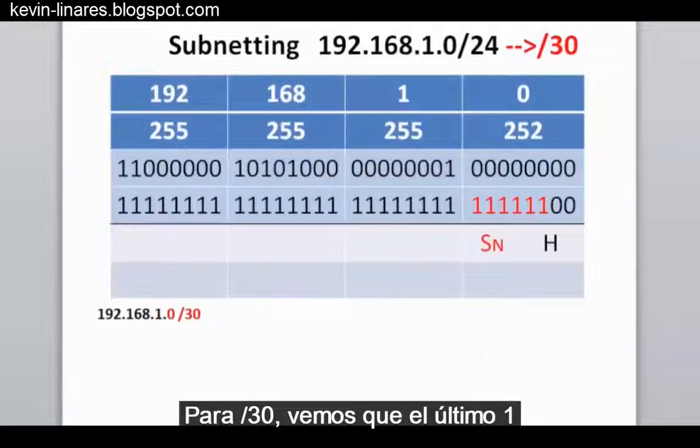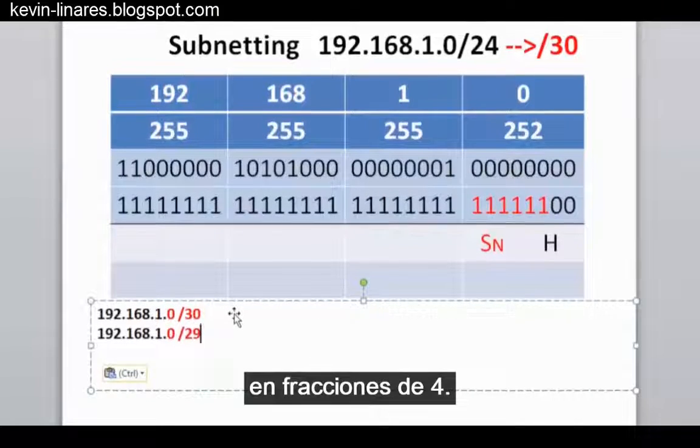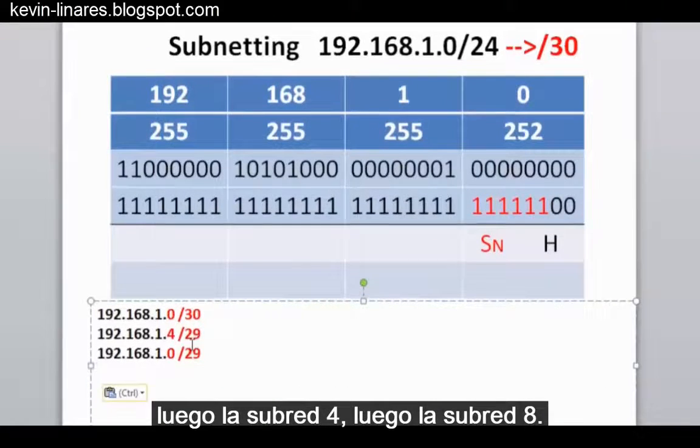For the /30, we see that the last one is in the 4's place and that the networks will go up by 4. So similarly, the networks will go up in increments of 4. So the first network is the 0 network, then the 4 subnetwork, then the 8 subnetwork.